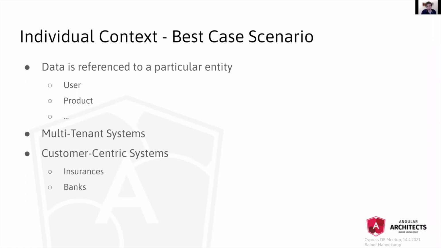And we know that everything this sports club does only affects that specific sports club, but not the rest. I'm calling this scenario the individual context. You also have it with insurances and banks. This is always centered around a particular customer. We can make our lives a little bit easier.